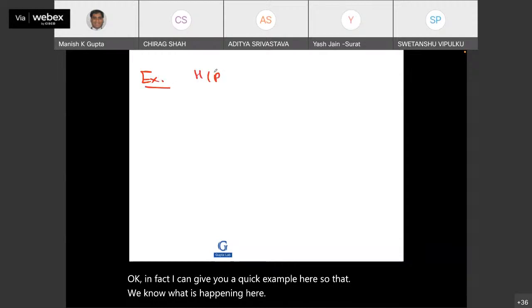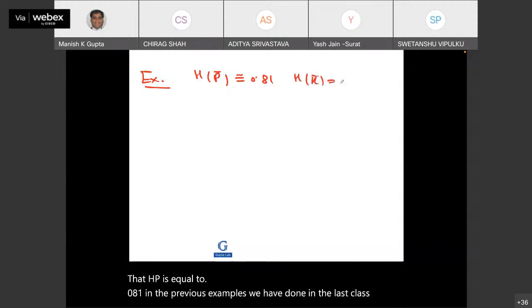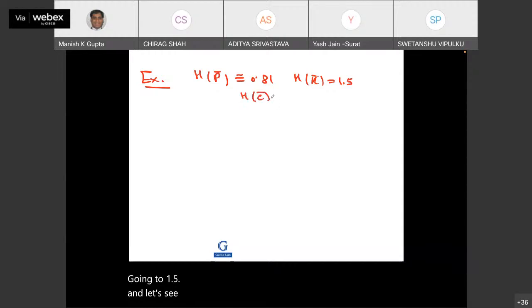So earlier we have determined that H(P) is equal to 0.81, in the previous examples we have done in the last class H(K) is equal to 1.5, and H(C) is equal to 1.85.